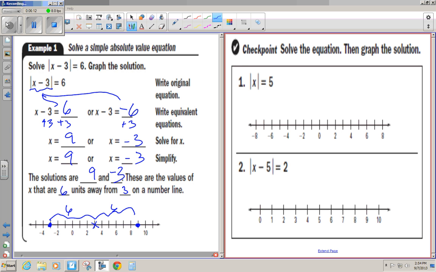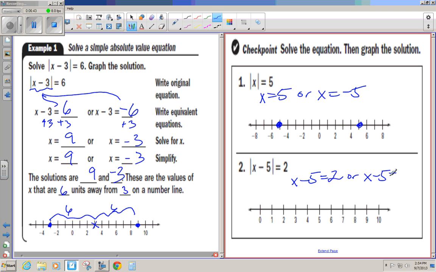All right, here's a checkpoint. It's pretty straightforward. What are the two values of x that can equal 5? Well, you know the absolute value of 5 is 5, or the absolute value of negative 5 is 5. So your solutions are negative 5 and 5. Here, set up the exact same way. What's inside the absolute value is equal to 2, or it's equal to negative 2.